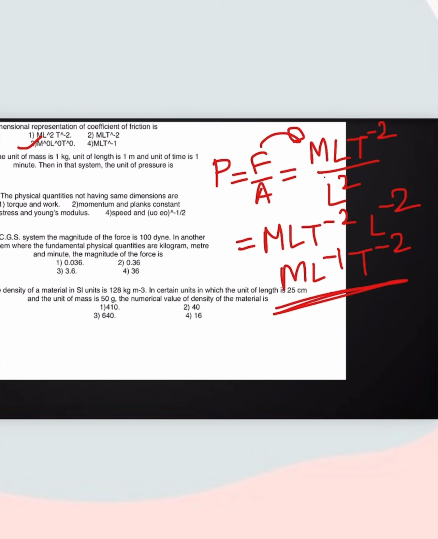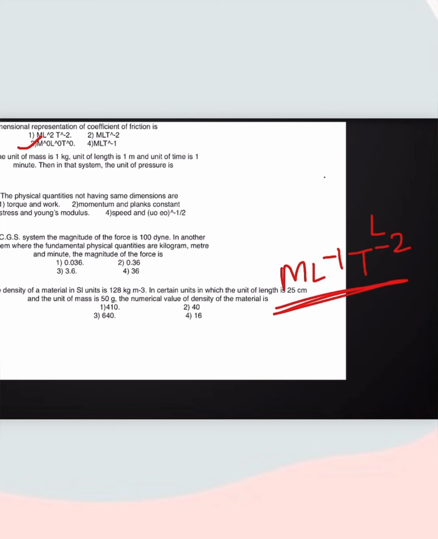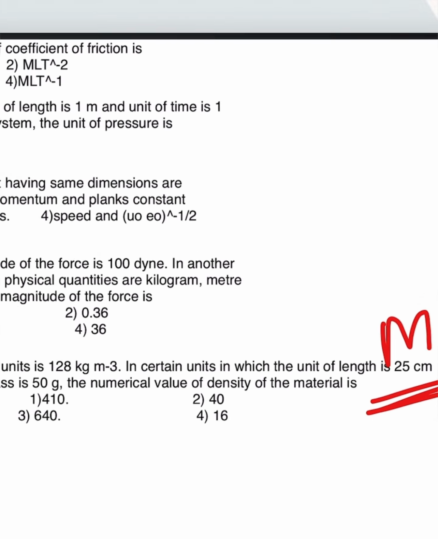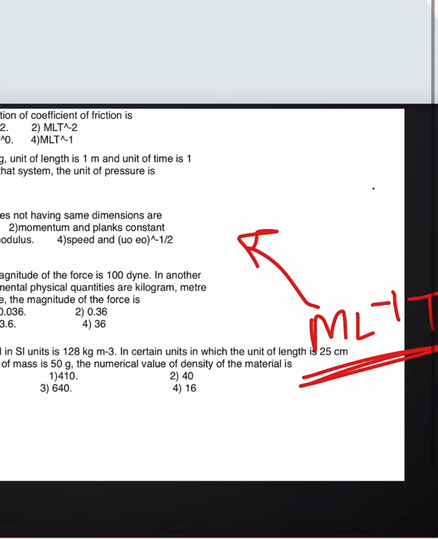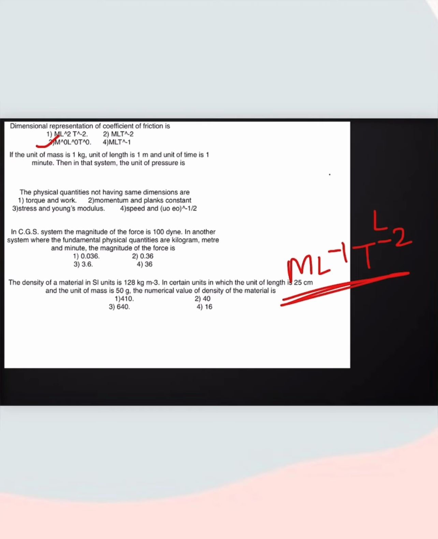We have to put the values into this dimensional equation. M is equal to 1 kilogram, and length is 1 meter, L^-1.